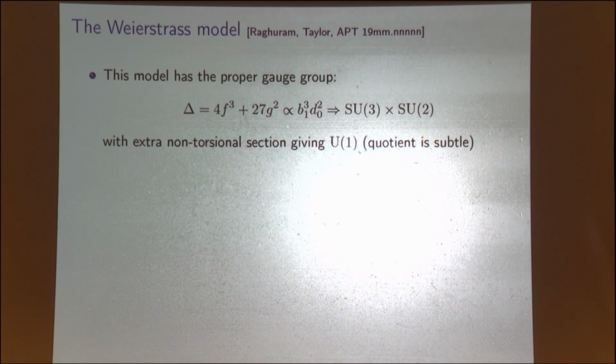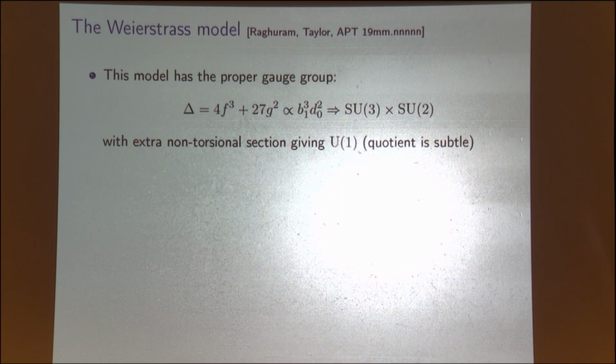For this Weierstrass model, it is proportional to b_1 cubed times d_0 squared, which after checking a monodromy condition tells you that this does have an SU(3) factor and an SU(2) factor tuned respectively on the locus b_1 equals 0 and d_0 equals 0. And you can identify that there is an additional section beyond the 0 section that's required for this to be an elliptic fibration, and that section is non-torsional, which gives us the U(1).